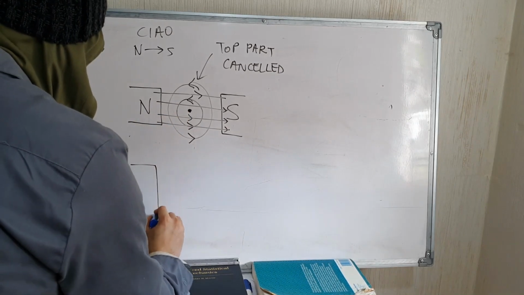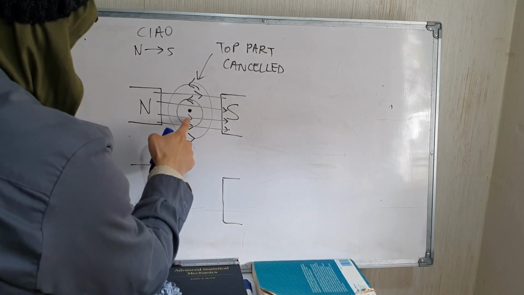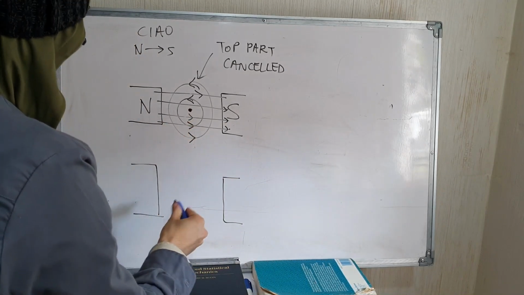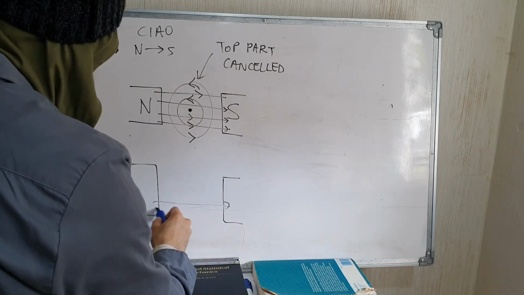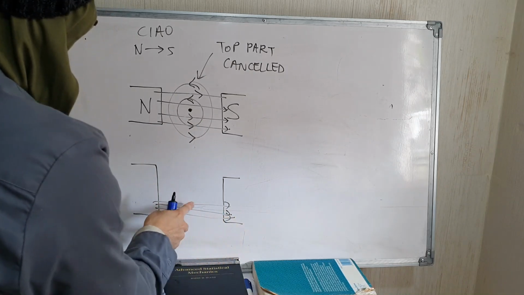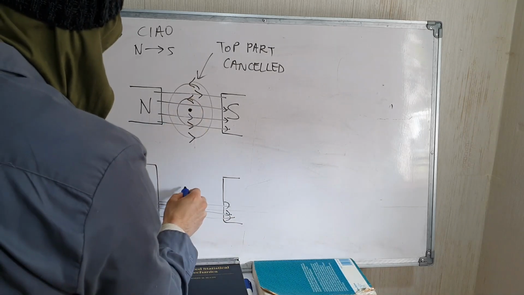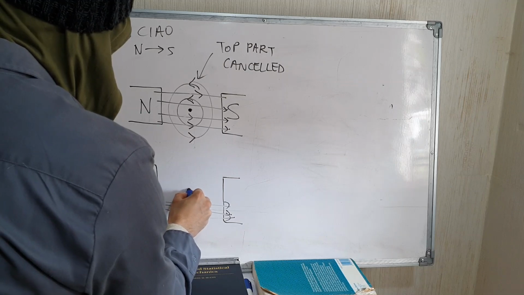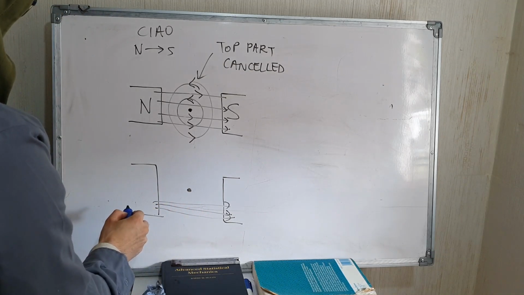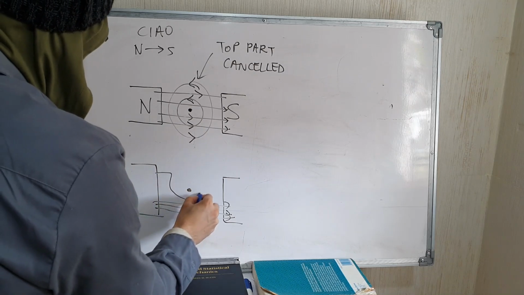What you're going to have overall, at the bottom, these will add up. So the direction will stay where it is, it will just be doubled. However, the field lines here will cancel. So if I just draw the dot here, that's the current coming out. What it would look like is something like this.